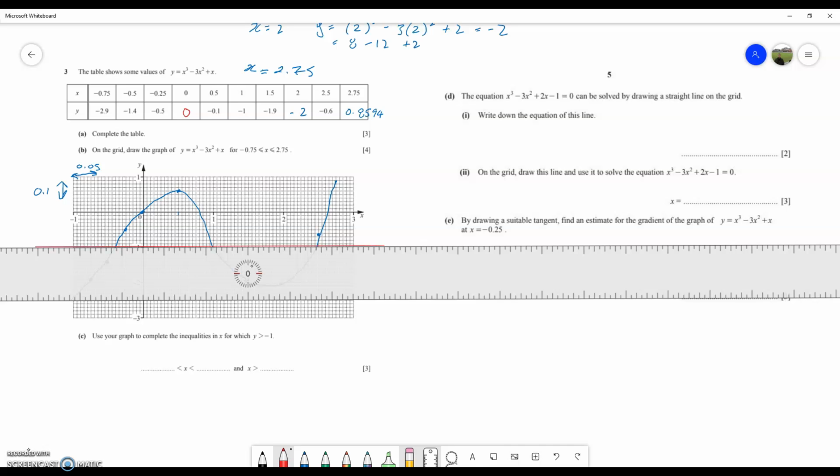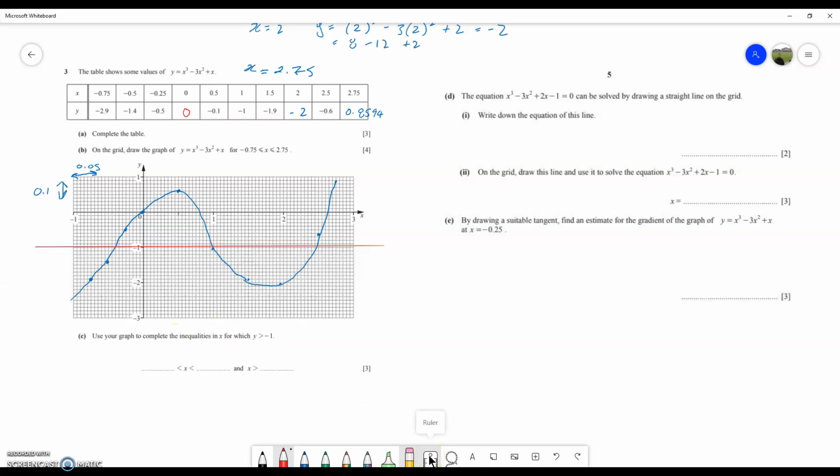And because there's more than one line, it's probably worth us writing what each one is. So this line is y is equal to -1. The blue is y is equal to x to the power of 3 minus 3x squared plus x.